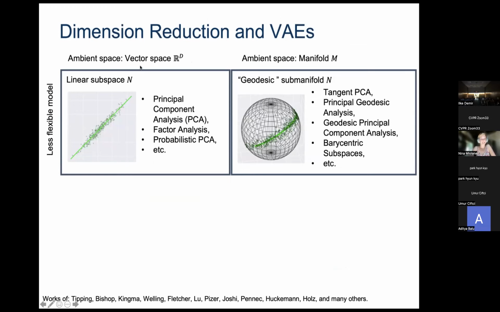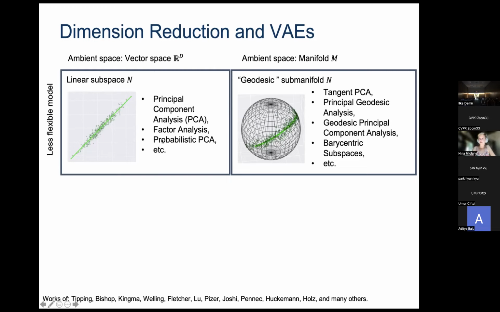The first class of methods seeks to perform dimension reduction on an ambient space that is a vector space. Typically, let's say the vector space is R2, and we have some data points, which are the dark green data points. We can think of principal component analysis, which seeks to learn a linear subspace, the light green line, within this linear space R2.